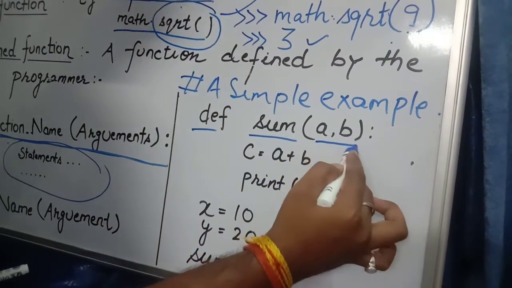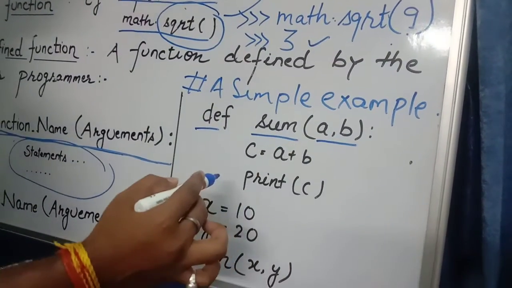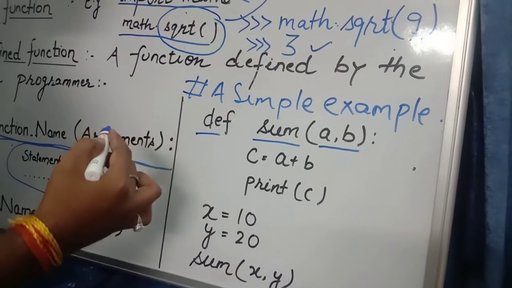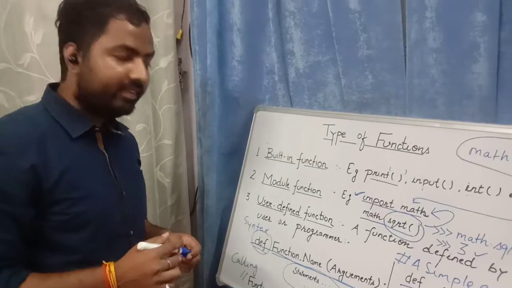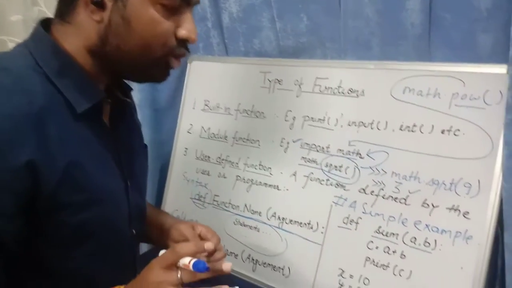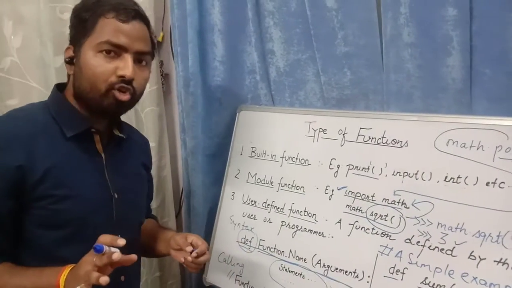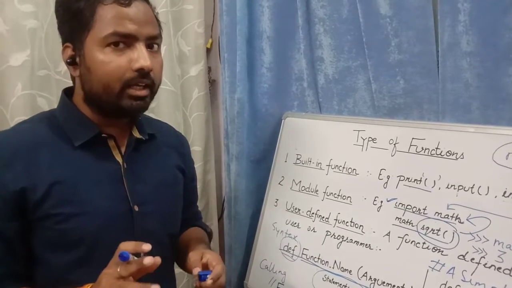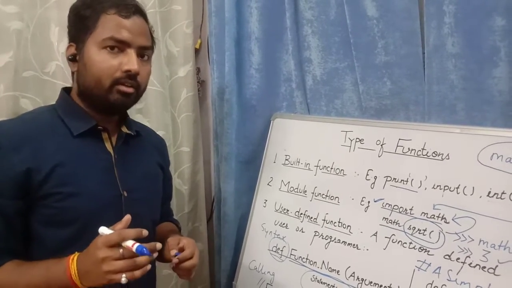Here a and b are the arguments. There are two types of arguments: the first is formal arguments and the second is actual arguments, which we will study in later chapters. Okay.